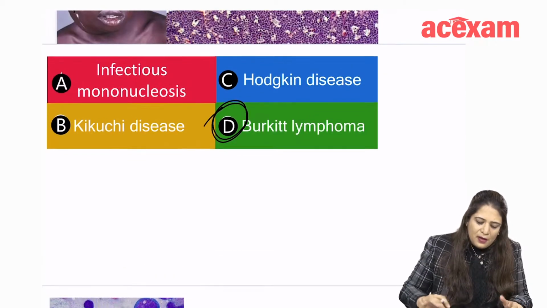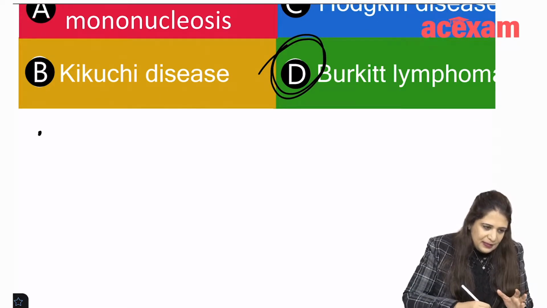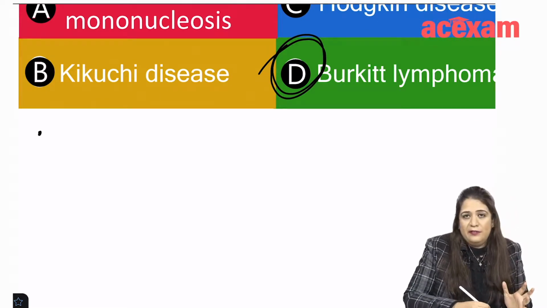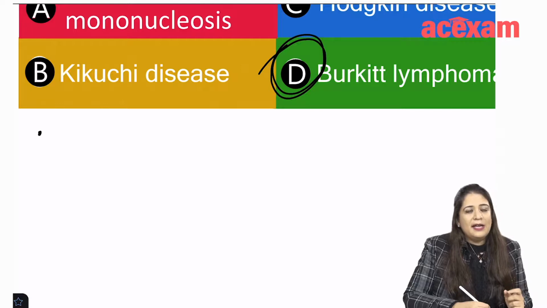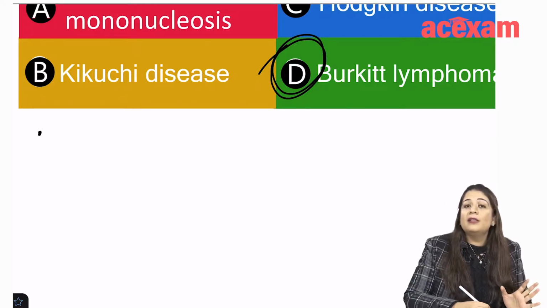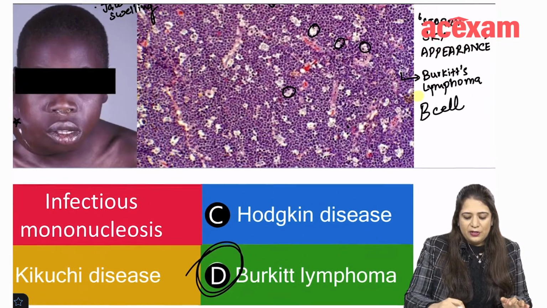It is a B cell lymphoma with a very high proliferative index, and because the cells are produced and lysed so rapidly, it has a very high Ki67 index, and it is also very commonly associated with tumor lysis syndrome. And you know what the starry sky appearance is due to?